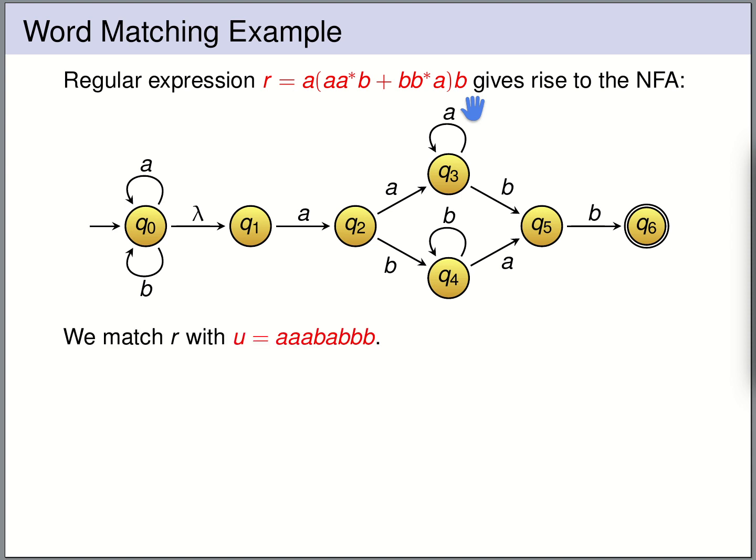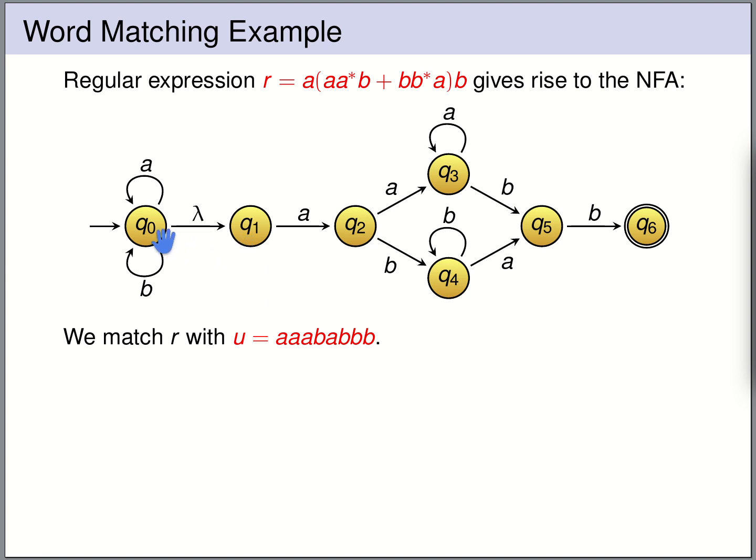Now, how do we check whether the word u contains a subword in the language of R? We are taking this non-deterministic finite automaton and we are going to do an on-the-fly construction of a deterministic automaton when reading u. Now, what's the starting state of our deterministic automaton? It consists of the starting state of the non-deterministic automaton plus everything reachable by lambda transitions.